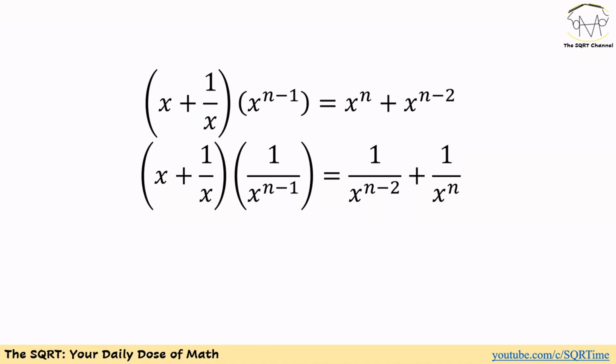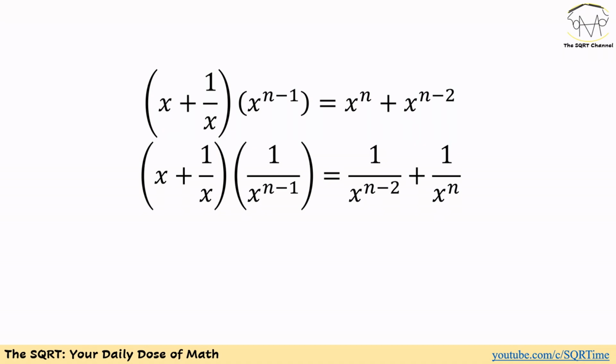Now we are going to find a few different things here. First, we start with x plus 1 over x times x to the power of n minus 1. We end up with x to the power of n plus x to the power of n minus 2 here.